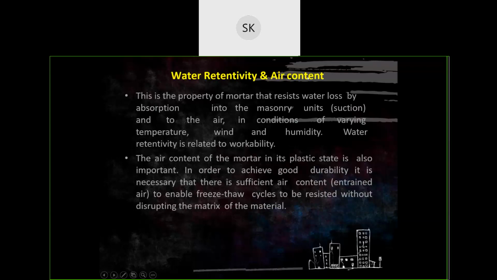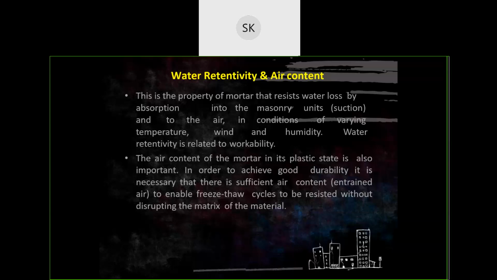This is water retentivity and air content. It is a property of mortar that resists water loss by absorption into the masonry units and to the air in conditions of varying temperature, wind, and humidity. The air content of the mortar in its plastic state is also important.